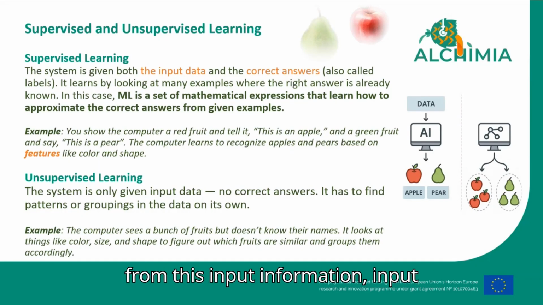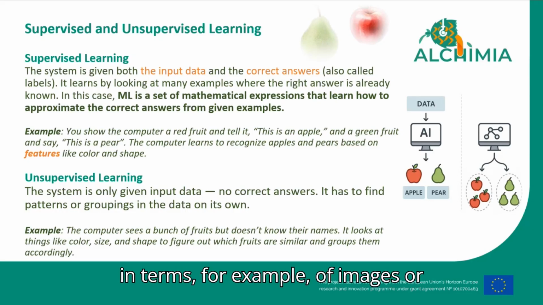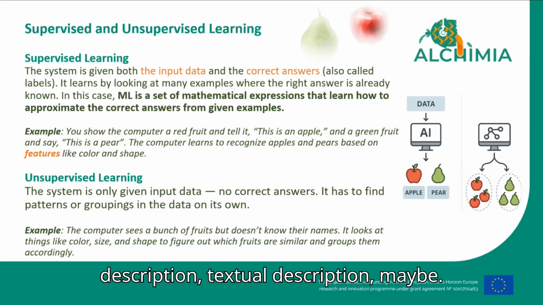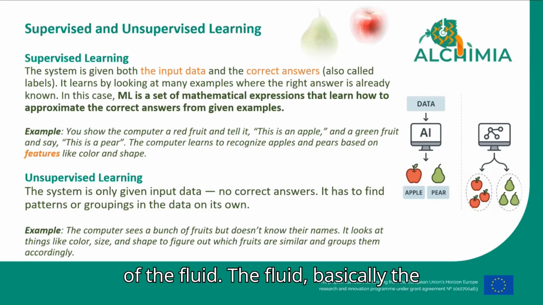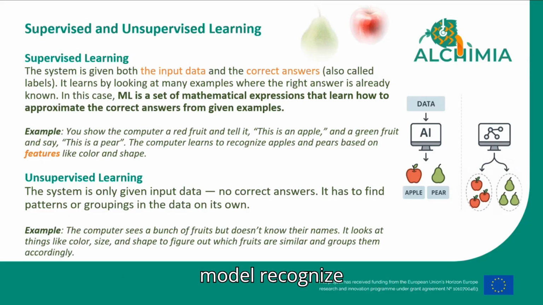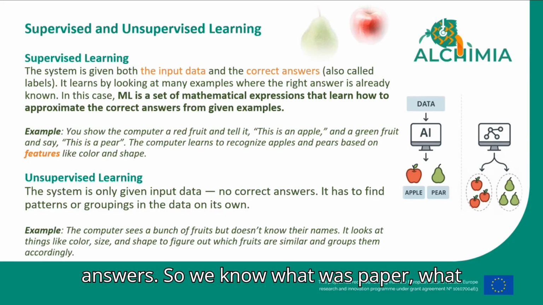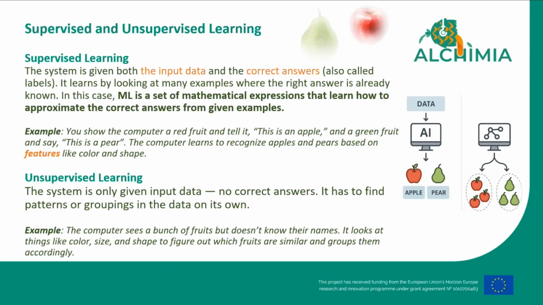And from this input information, in terms, for example, of images or videos or a textual description of the fruit, the model recognizes, after a learning phase, apples and pears by classifying them, learning from previous data and from the correct answers. So we know what was an apple, we know what was a pear, and so on.